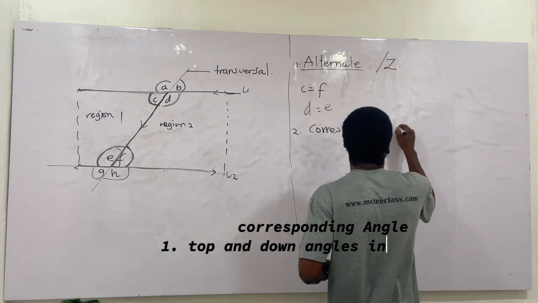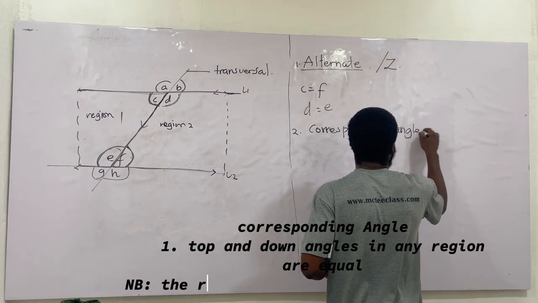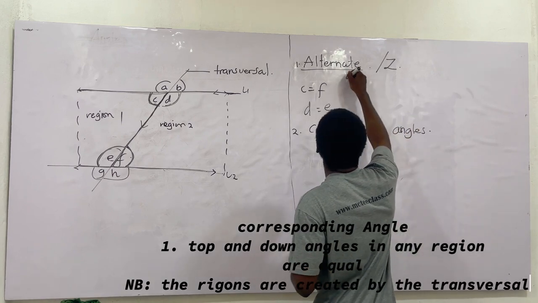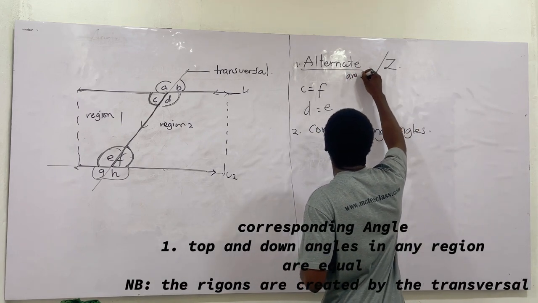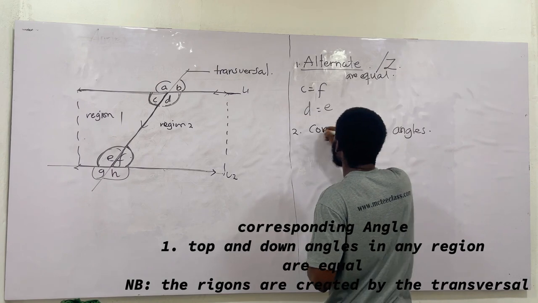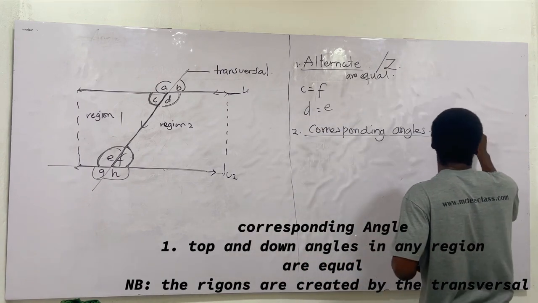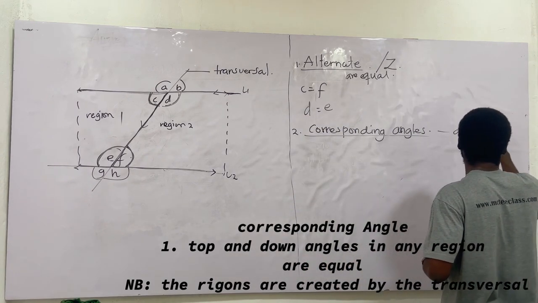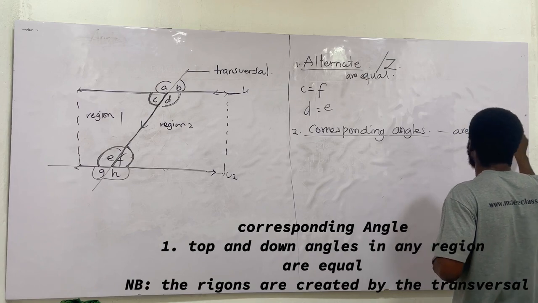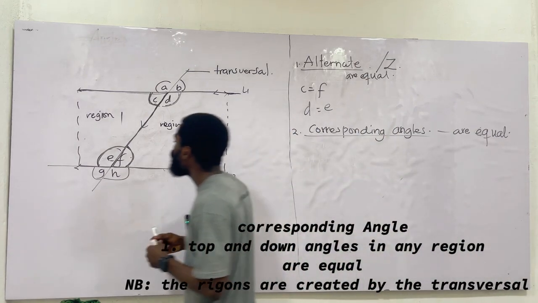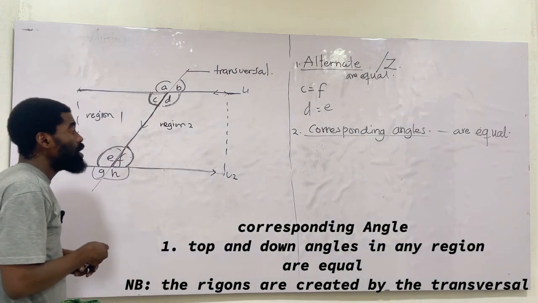The corresponding angles. So you can see that alternate angles are equal, same as corresponding angles. They are also equal. So how do we get corresponding angles? Now this is it.